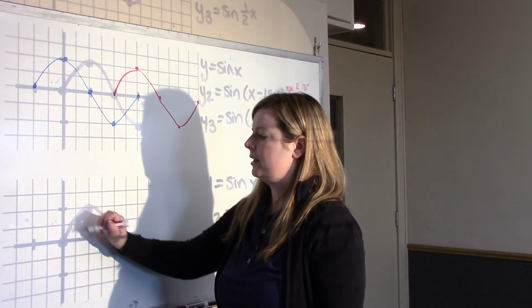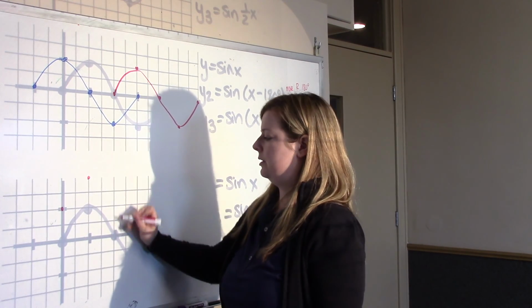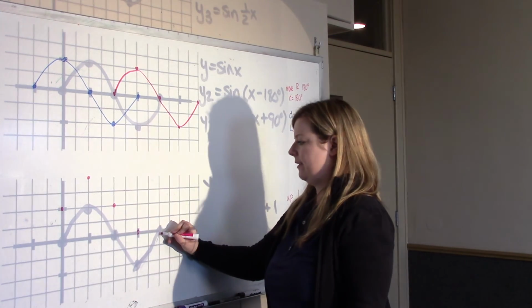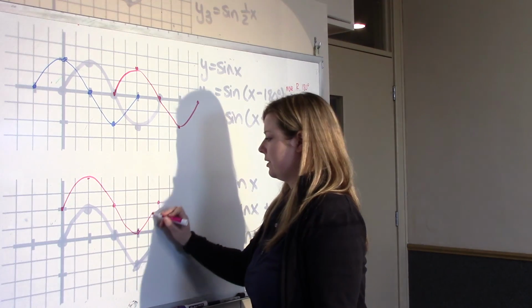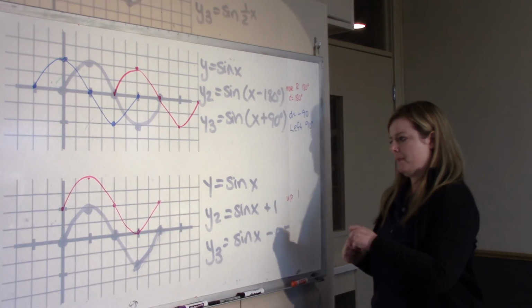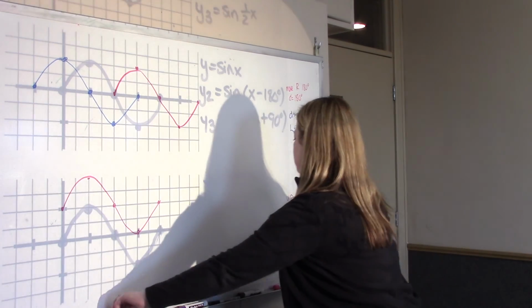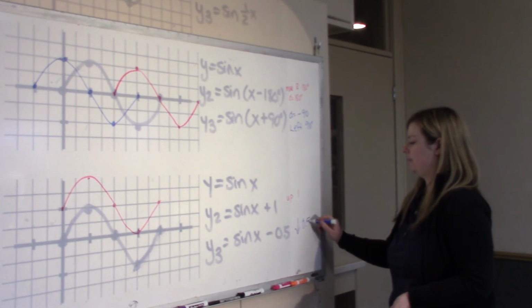Okay, because this is 1. This is going up to 1. This is moving from 1 up to 2, from 0 to 1, from -1 to 0, and from 0 to 1. So there we go. Our nice sinusoidal curve just moved up. Okay? Then if I have a -1/2, this just means down by 0.5.